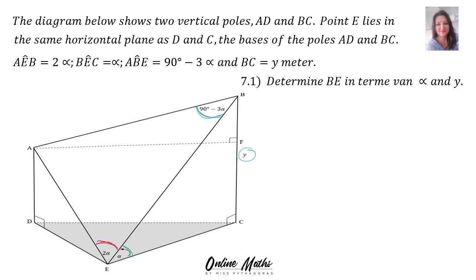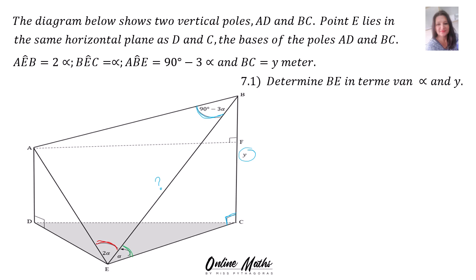7.1. Determine BE in terms of alpha and y. So where do we find BE? BE is this side there, and you can see this is a right angle triangle, triangle BEC, since a pole and the ground always meet at a right angle, and side BE is the hypotenuse of that right angle triangle.